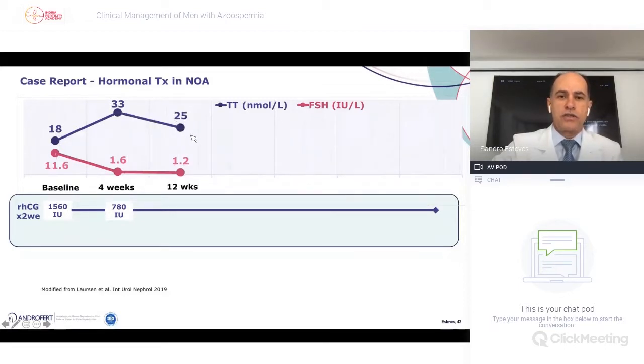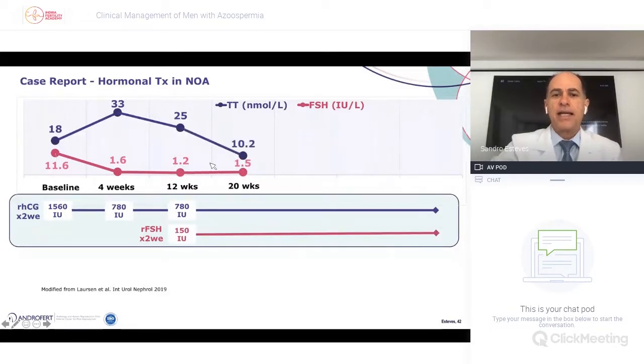Four weeks later, we had good total testosterone levels, but FSH was now 1.2, just reaching the threshold. So we opted to add FSH, 150 international units twice a week, because 1.2 was quite a dangerous level. We wanted it a little bit higher. We kept the same dosage of HCG and added FSH.